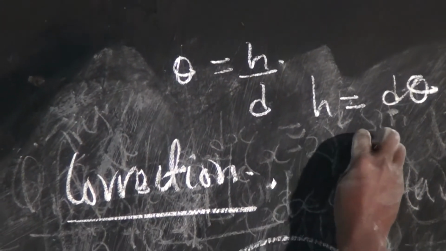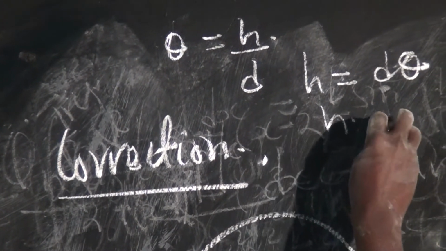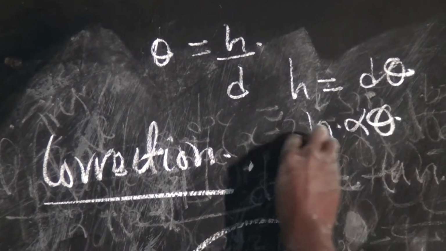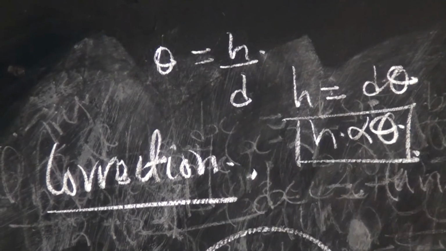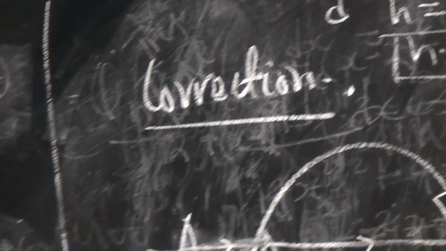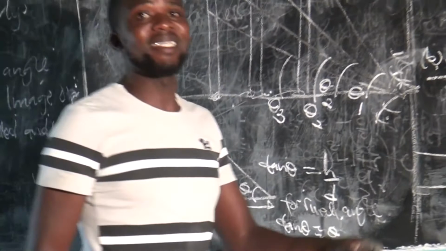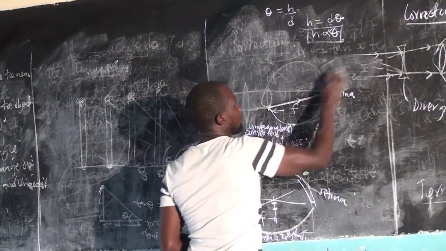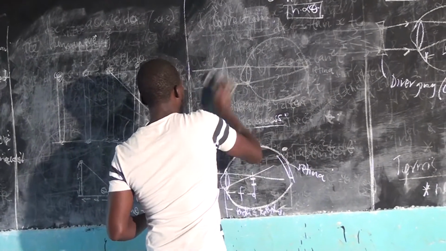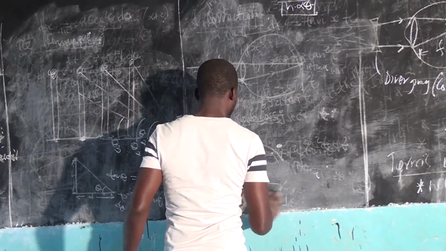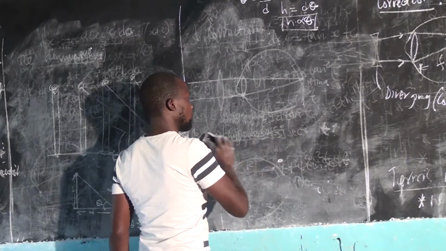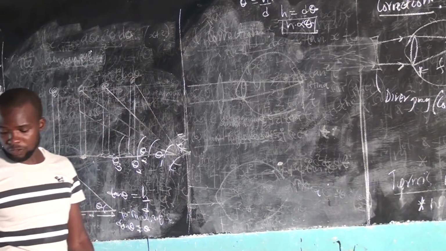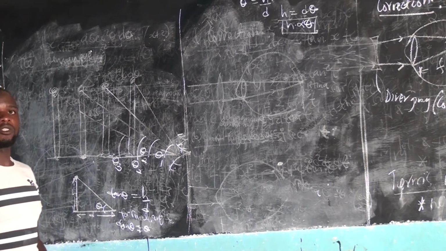If d is a constant, then h is directly proportional to theta, and that is the relationship. The size of the object is always determined by the visual angle. So the bigger the visual angle, the bigger the size of the object.